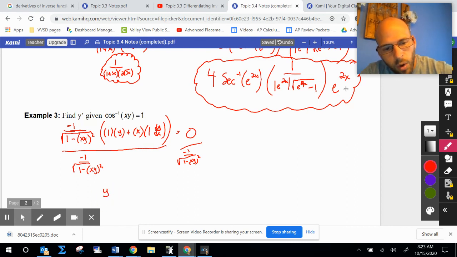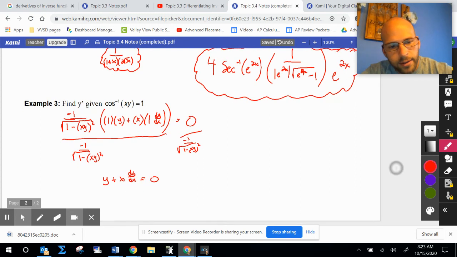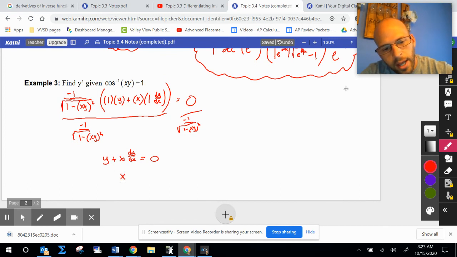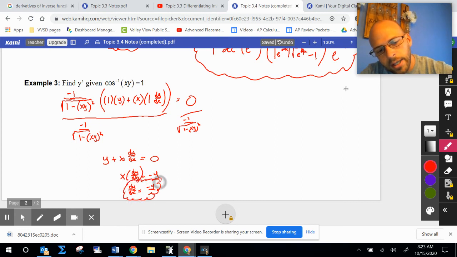So I'm going to have a y plus x dy over dx equals 0. Subtract the y, so I have x times dy over dx equals a negative y, and if you divide, I get a dy over dx equals a negative y over x, and that is my answer. Okay, so I get a negative y over x.